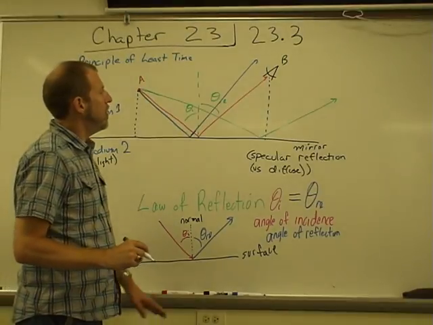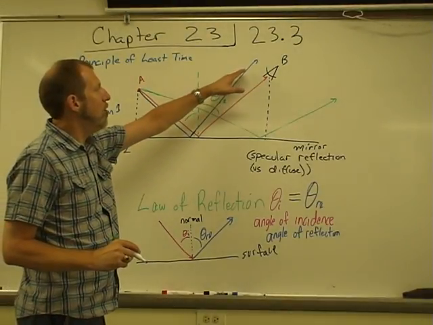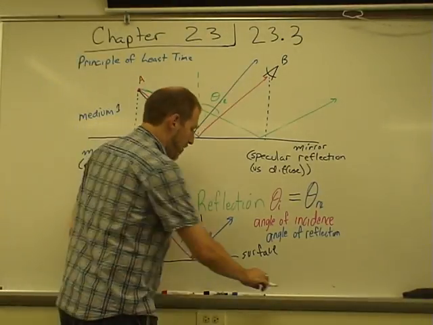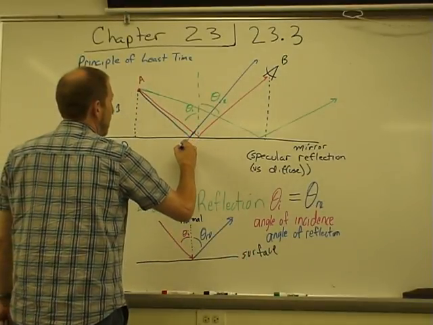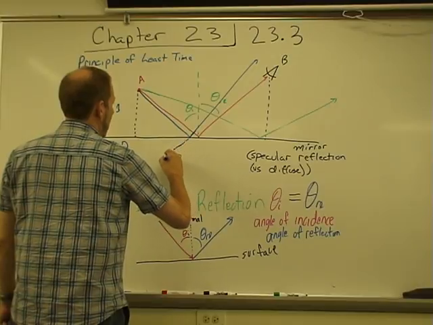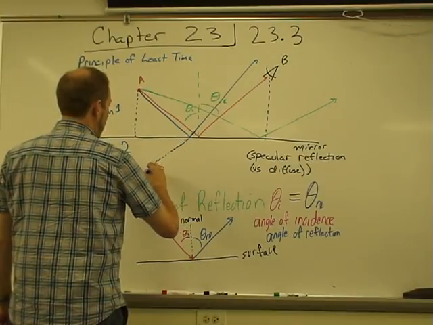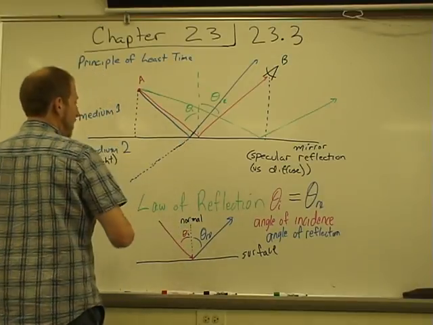For each person, each point, I'm seeing that the light appears to be coming down this path, because that light doesn't know anything about what happened to it before it bounced off.